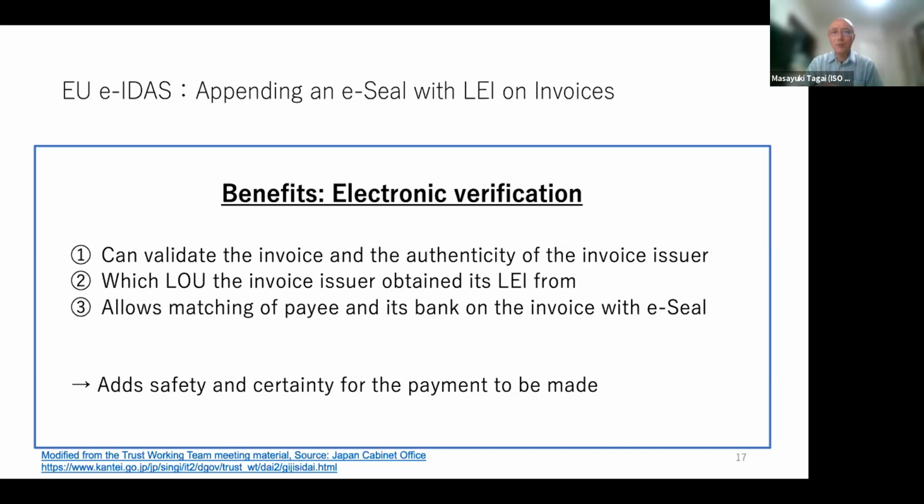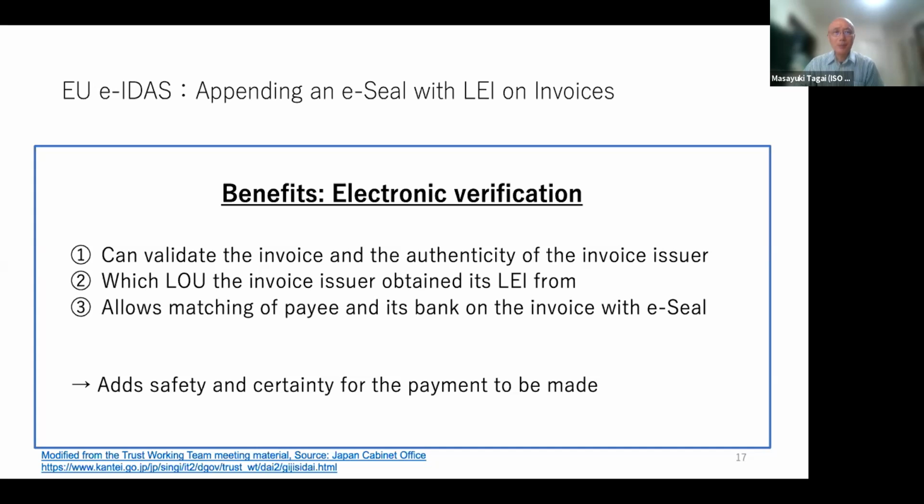And it can show you whether the invoice is valid and whether the issuer is authentic. And it does show you which local operating unit had issued that particular LEI. And it does have background information that talks to whether this payment bank should associate it with that issuer and so on. So it adds the safety and certainty for the payments to be made.